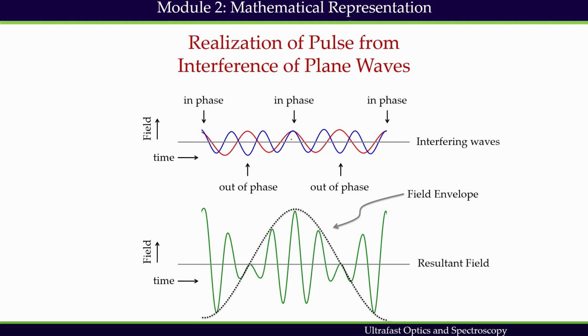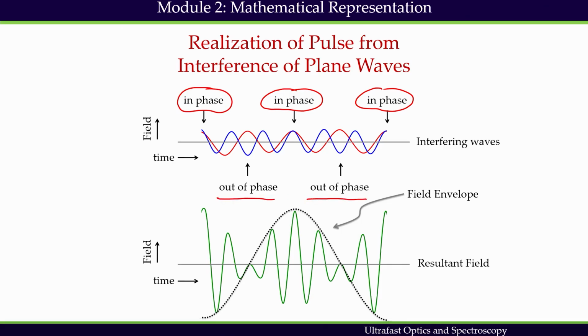So the blue and red waves we have represented to show the slightly different frequencies or wavelength for the interfering waves. And when they interfere in time, there are regions where these two waves would be in phase, and there are regions where they are out of phase.